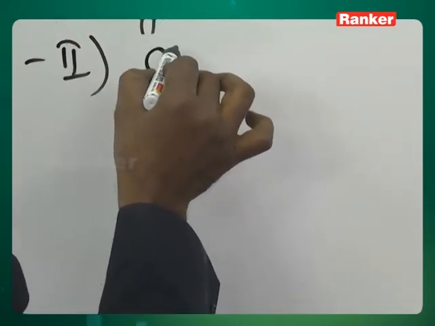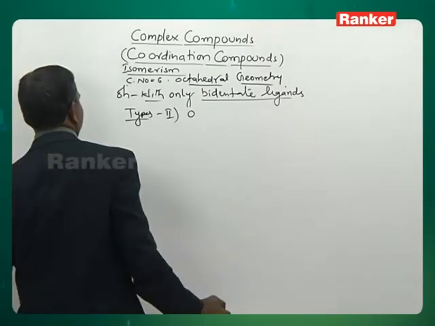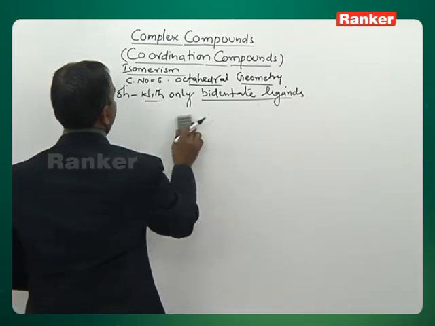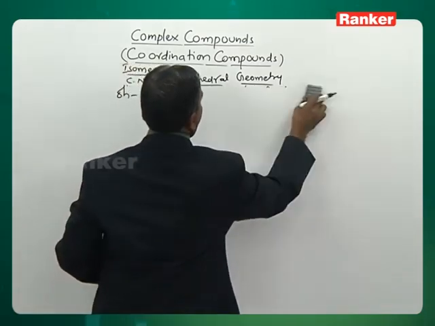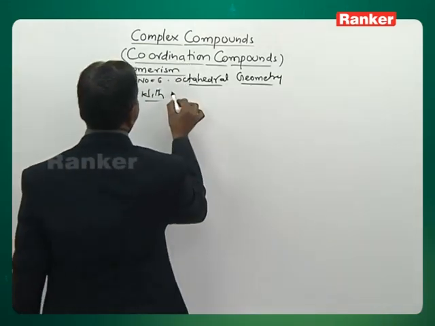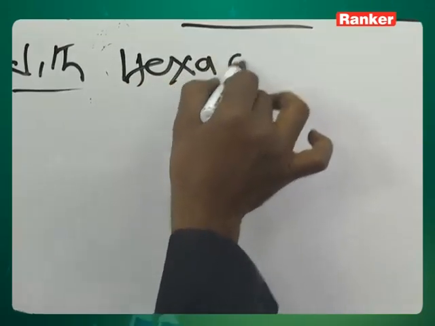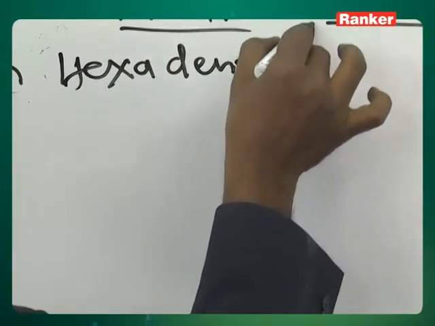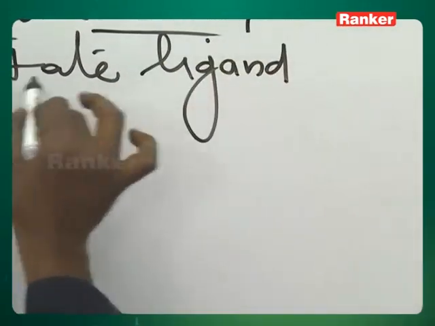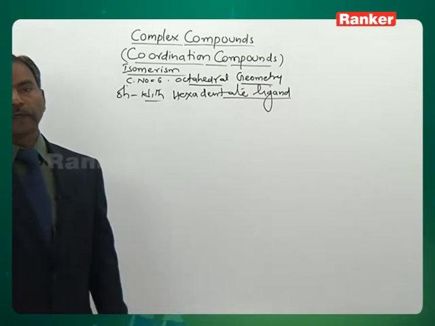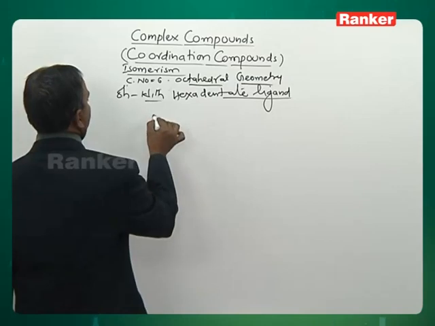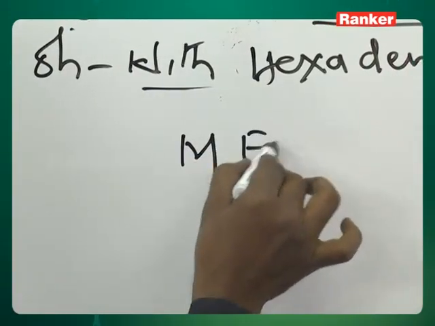Octahedral geometry with only bidentate that we have taken. Right, octahedral geometry with hexadentate ligand we write. Hexadentate ligand. Under this, octahedral with the hexadentate ligand, take M(EDTA).